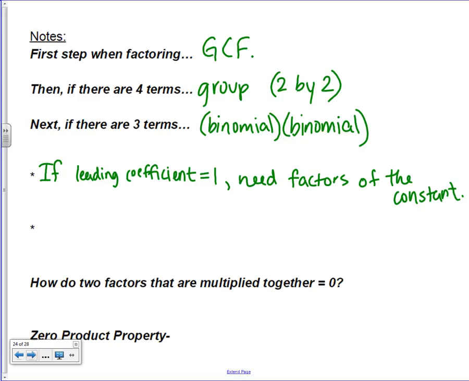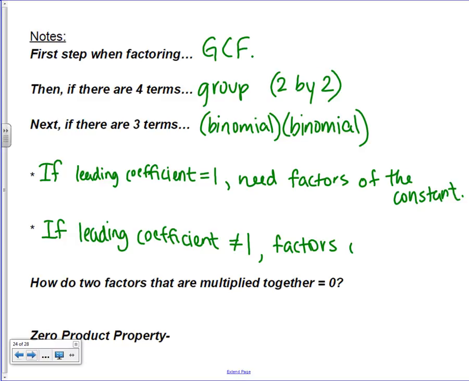The next type of problem that we've talked about is if the leading coefficient is not 1. If that's the case, then I need to have factors of the product of first and last terms. Okay, and that's the way we've been working on since last Friday.